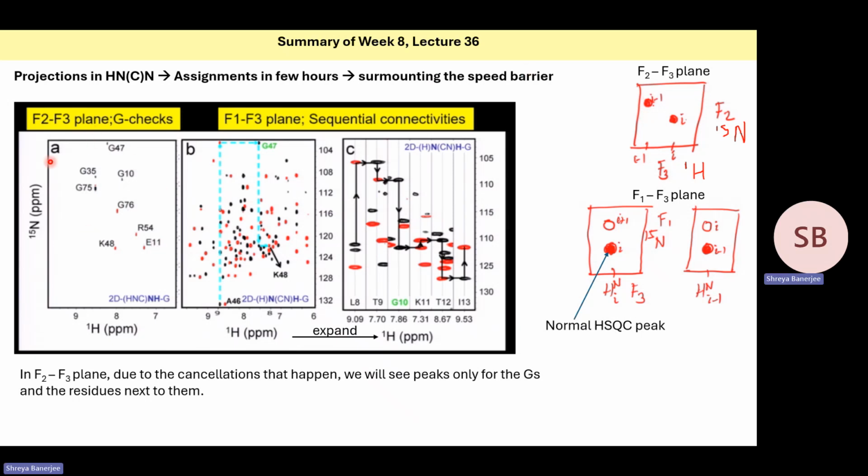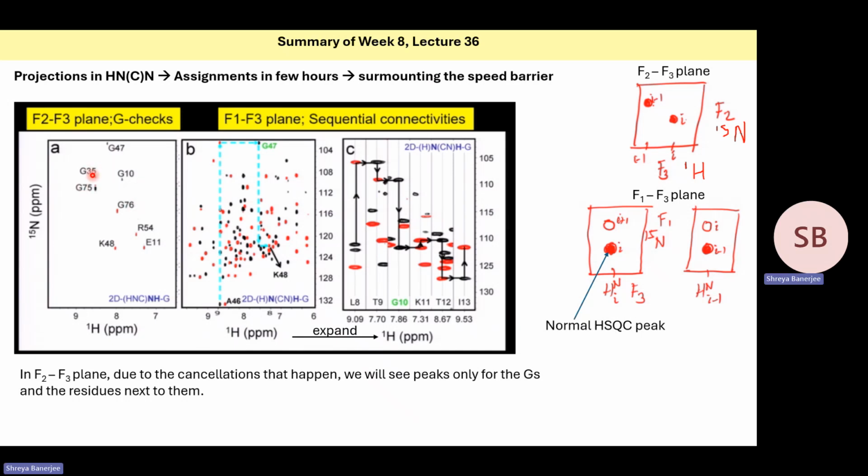Now, one special feature of the F2, F3 plane is that most of the residues will cancel out. We will only see peaks for the glycine and the residue adjacent to them. So for example, you can see we are seeing glycine 75, then glycine 76.